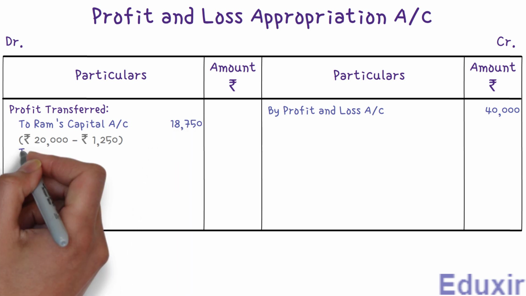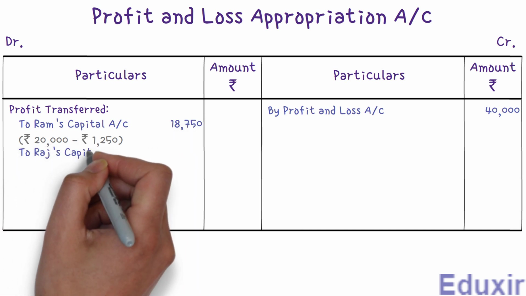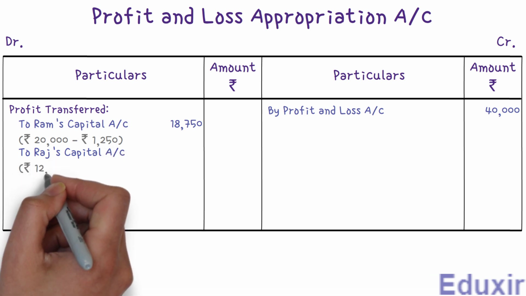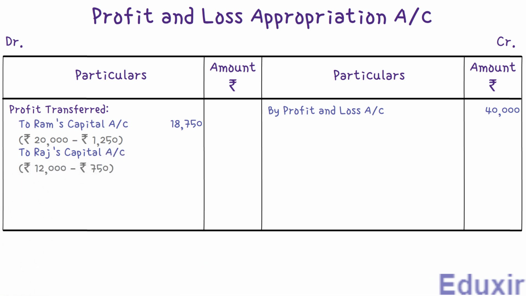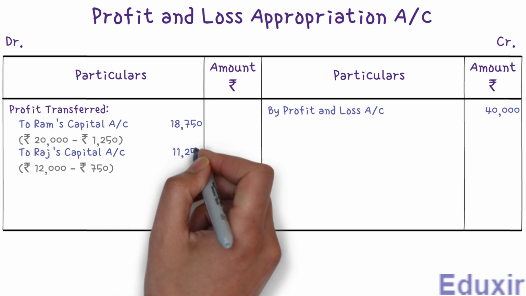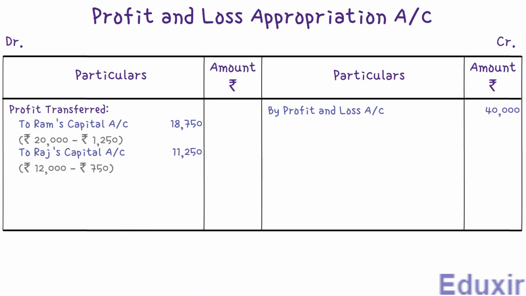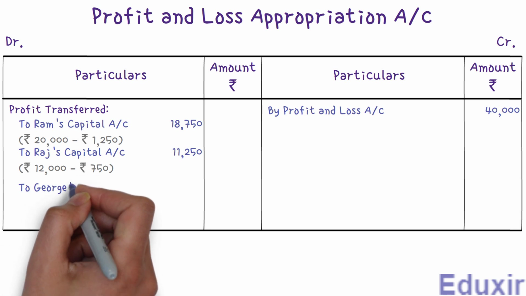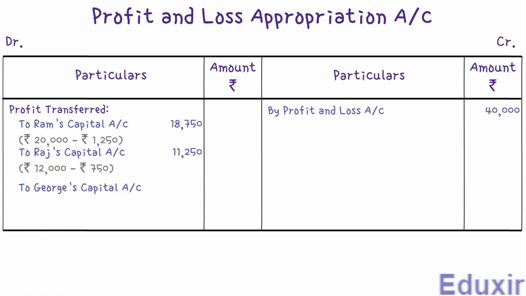Let us then write to Raj's capital account. Let us then write 12,000 rupees minus 750 rupees to give you an idea of how the partner Raj's profit share is calculated. Let us then write his profit share amount of 11,250 rupees. And finally, let us write to George's capital account and his guaranteed profit amount of 10,000 rupees.